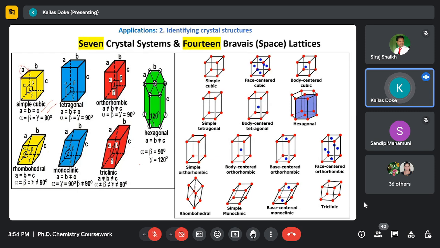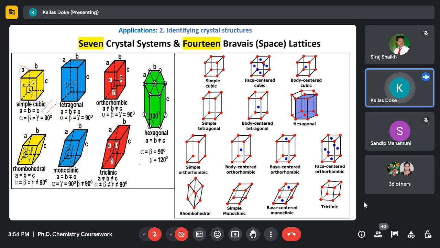In one unit cell, the constituent atoms and ions are arranged three-dimensionally. If they are arranged only at the corners of the cube, then it is called a primitive cubic lattice or simple cubic lattice.